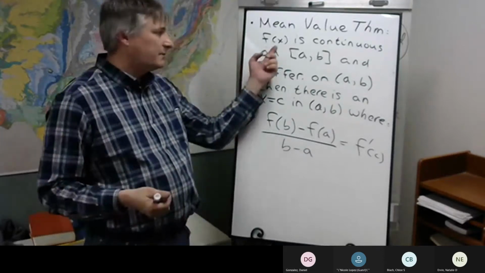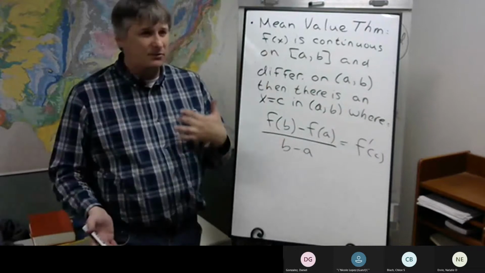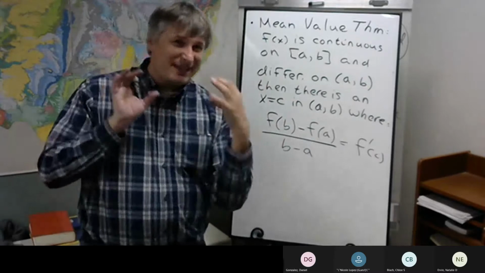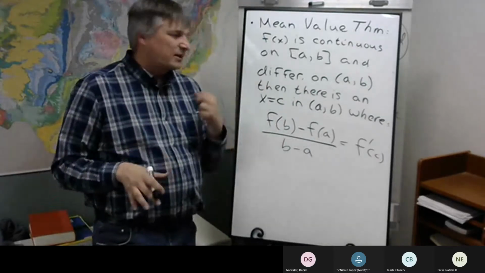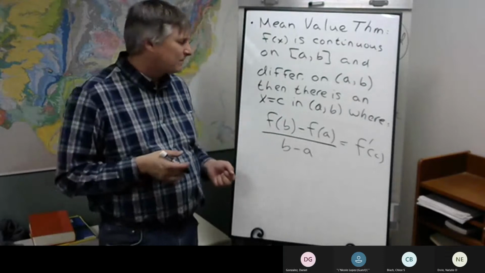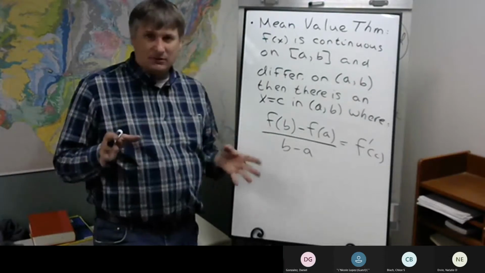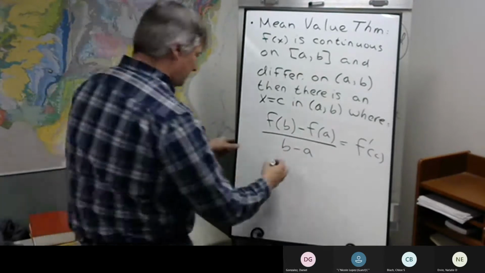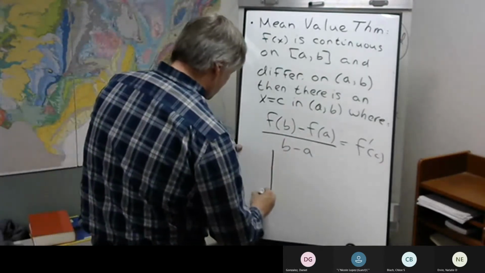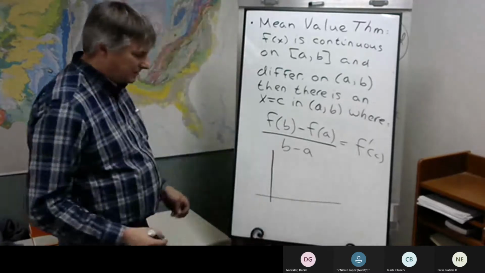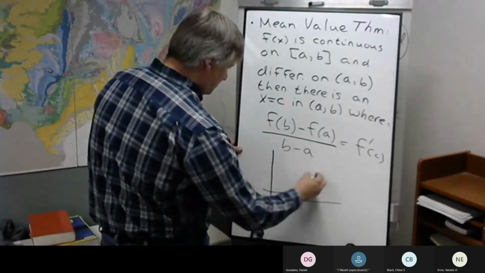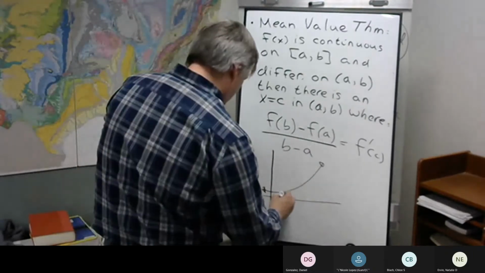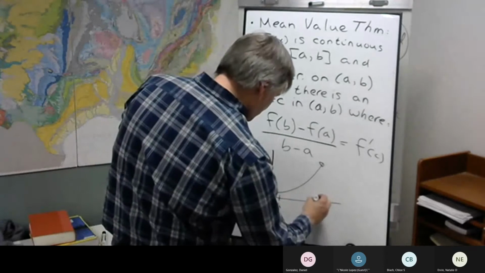So again, we want f of x to be continuous, no holes, no gaps, no jumps. We want it differentiable at all the points, at least on the inside. So we're not talking about any cusp or anything like that. And if those conditions are met, this happens. So what is this actually saying? Well, let's say we have a function doing something like this. Here's a, here's b.